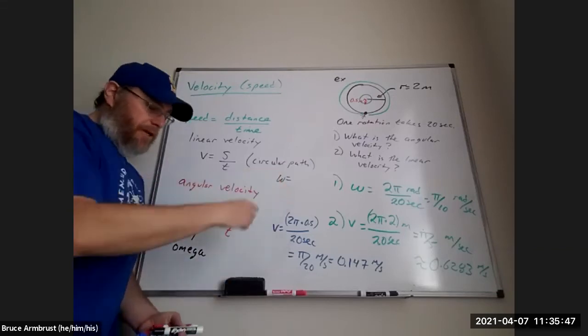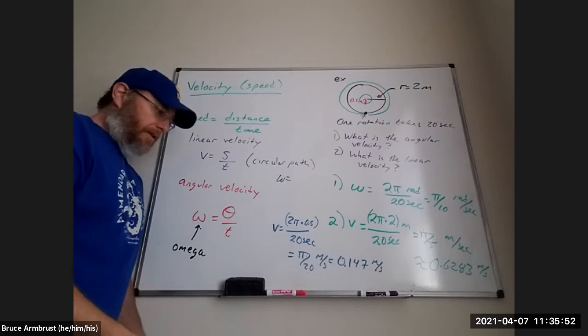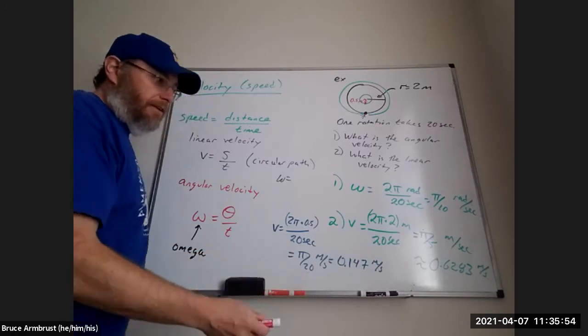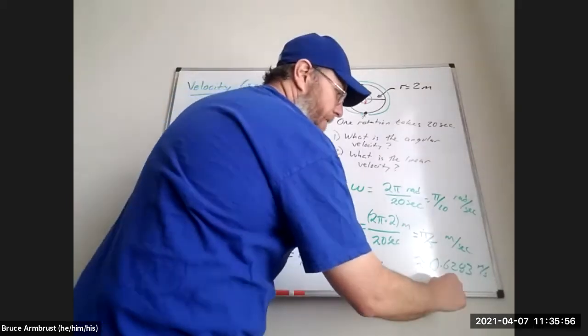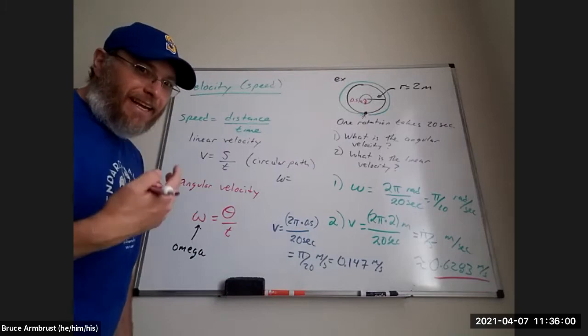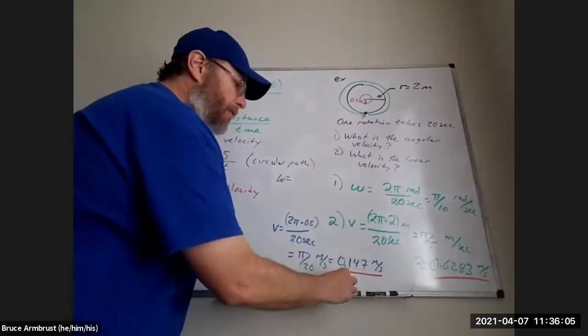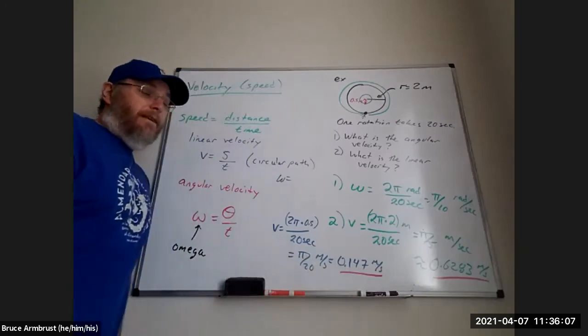All right, so before we jump back up to the angular velocity and finish the question, compare those two numbers. Take a look at those and check it out, right? Out at the outer edge, I know you probably don't have an idea of how fast that is, but it's 0.6 meters per second. And this one's 0.147.